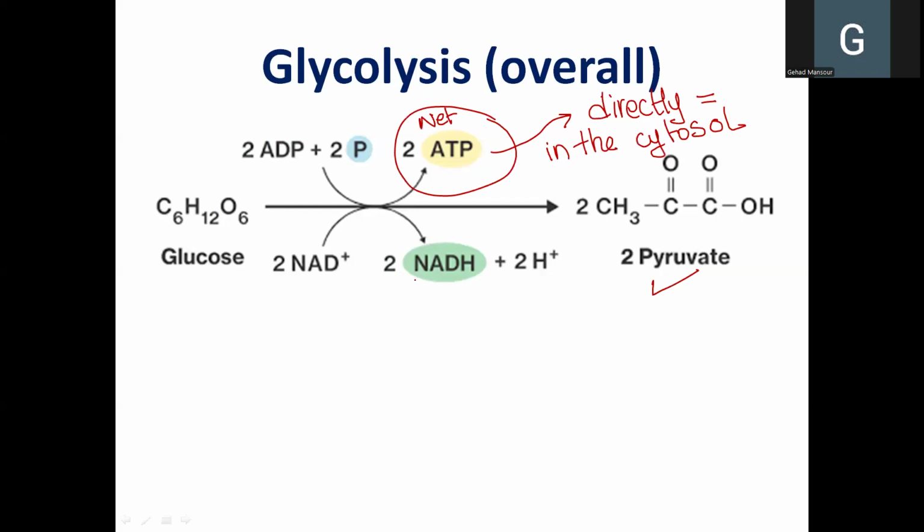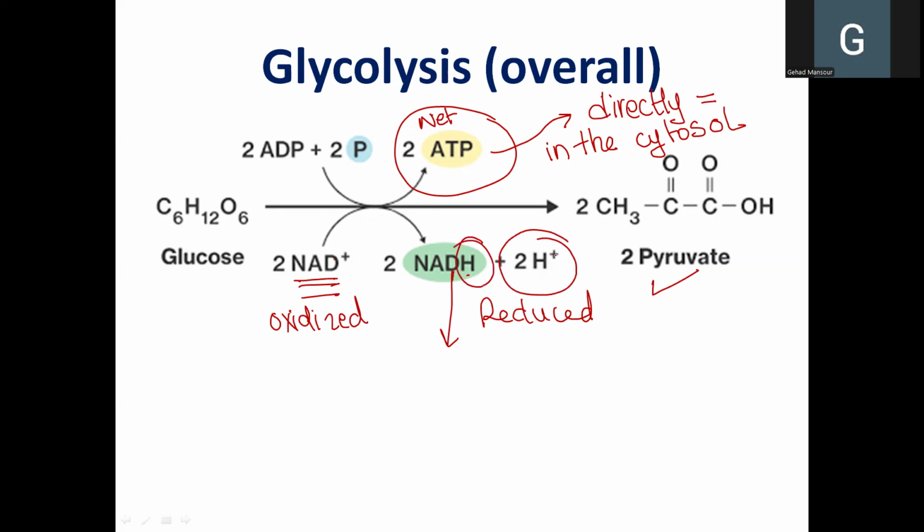But these 2 NAD molecules have been reduced, because we already had this hydrogen carrier NAD in its oxidized state, and then afterwards it acquired hydrogen and became reduced NAD. This reduced NAD has now acquired 4 hydrogen atoms. 2 of them have been attached to the molecule as hydrogen atoms, and 2 go hand in hand with the molecule as protons, having next to them their electrons.